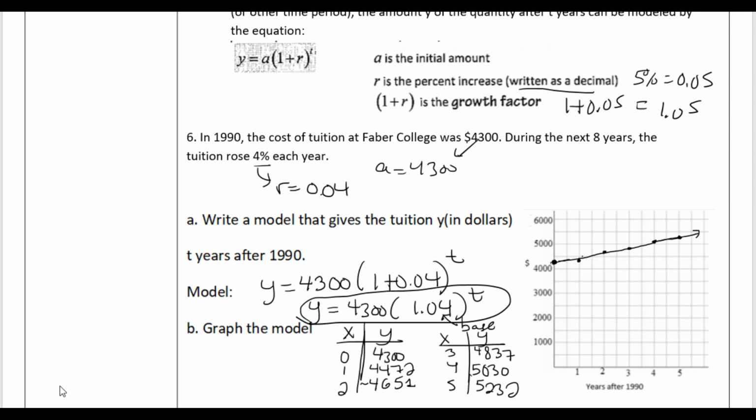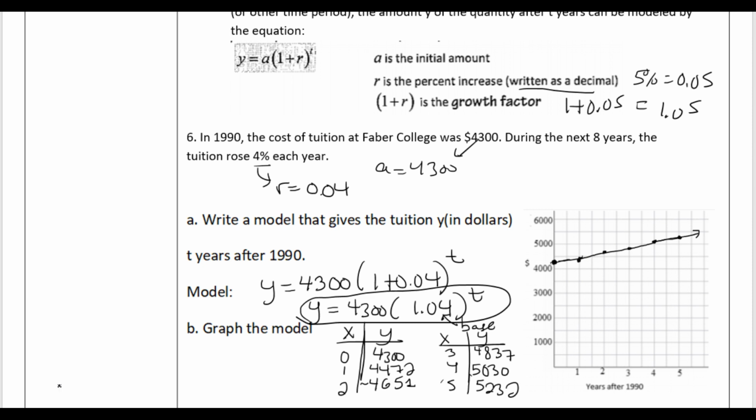So it's growing pretty slowly. Notice that the growth is really slow, and that's because 1.04 is a very small number for a base of an exponent. You notice that it's not increasing very fast, and these are in years, so this is typical. 4% is not that much, but after 10, 15 years, it adds up, right?